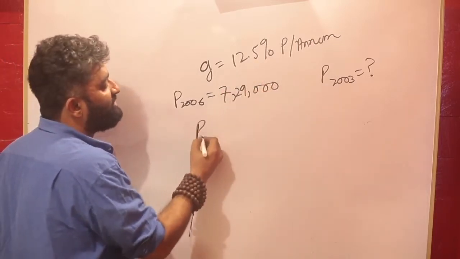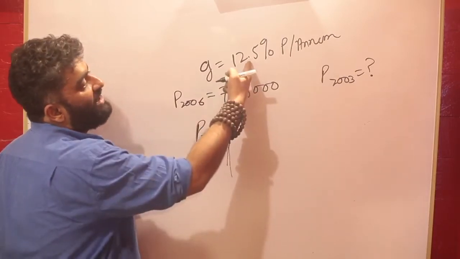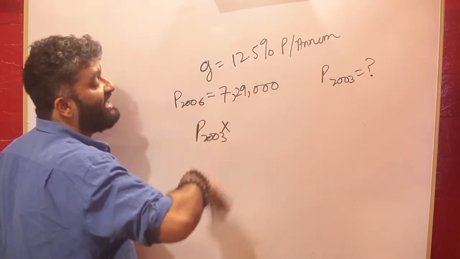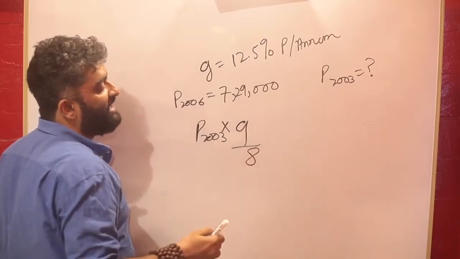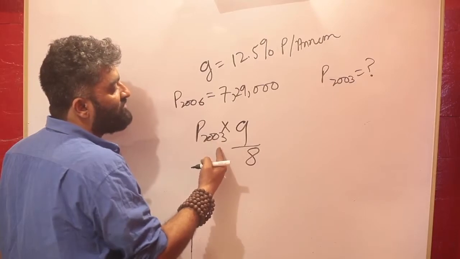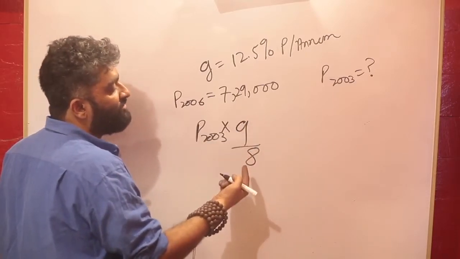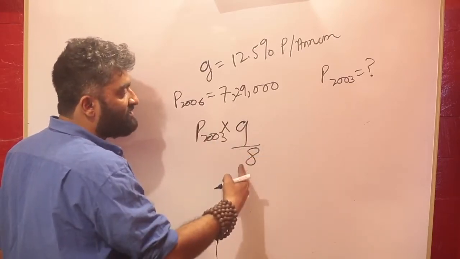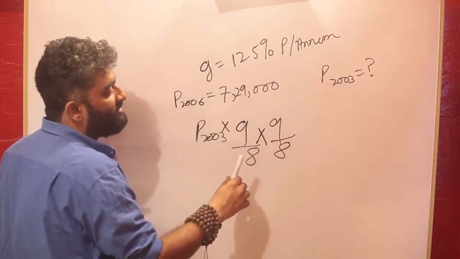So I know whatever was the population in 2003 was multiplied by what? 12.5%. 12.5% means 1 by 8. An increase of 1 by 8 means a multiplying factor of 9 by 8, right? That means if I take the population of 2003 and multiply it by 9 by 8, I'll get the population of 2004. So this expression is the population of 2004. Again, if I multiply this by 9 by 8, what do I get?